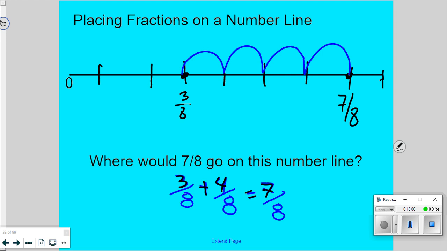What am I counting by here, though? Not puppies. I'm counting by 8ths. You can do this with anything, as long as it's the same unit. I could say 3/3 plus 4/3 equals 7/3, because my unit is staying the same. Heidi? Well, what if you don't have the same one?